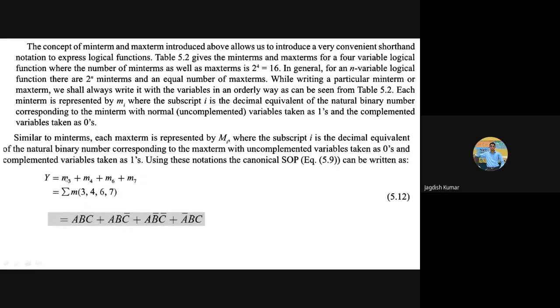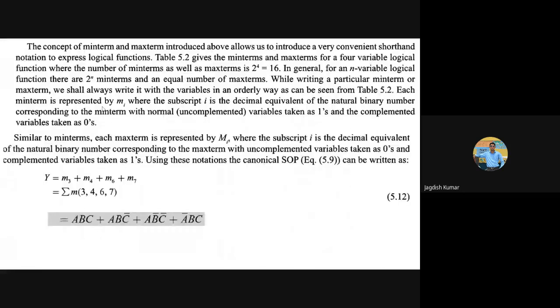This means m3. In brackets, we write only those values which are appearing here. So m3 plus m4 plus m6 plus m7. That's the meaning. Rather than writing this long expression, we can write down this short expression. This is how min terms can be used to write down the corresponding SOP.